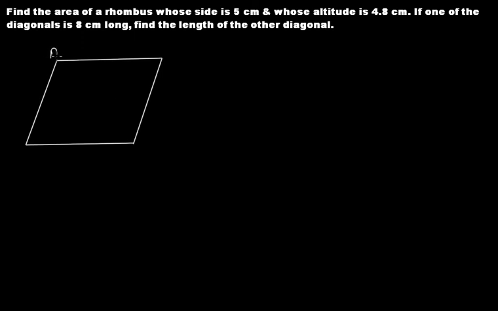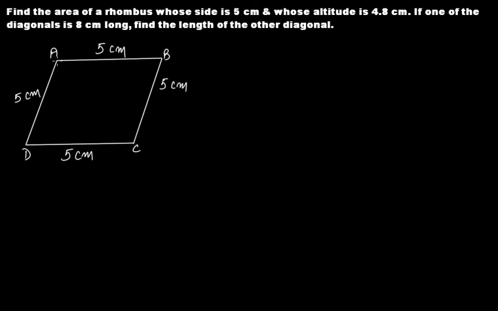Let's name it A, B, C, D. The side of the rhombus is 5 centimeter. It means that every side will be of the same length, that is 5 centimeter, and its altitude is 4.8 centimeter.